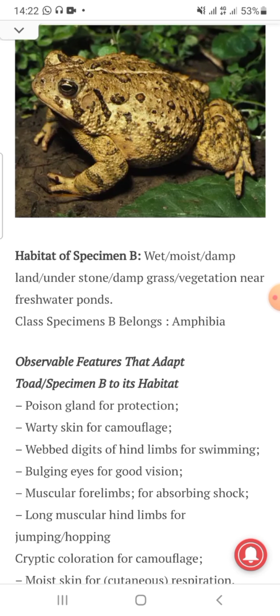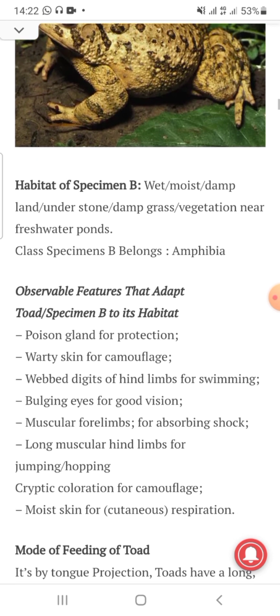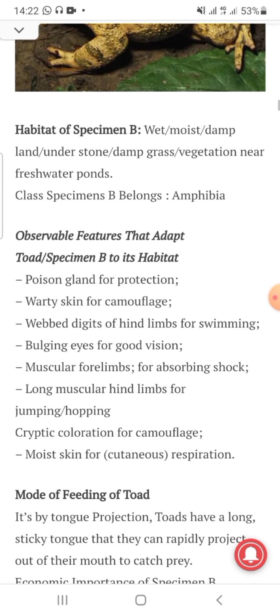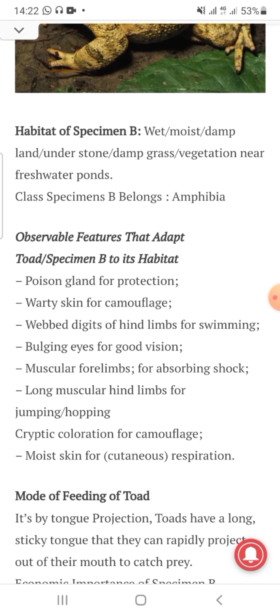Let's look at the observable features that it adapts. Okay, so observable features that adapt toad, specimen B, to its habitat. One, poison gland for protection. Two, warty skin for camouflage. Three, webbed digits on hind limbs for swimming.